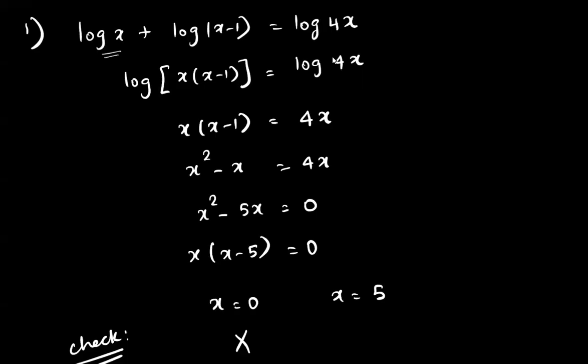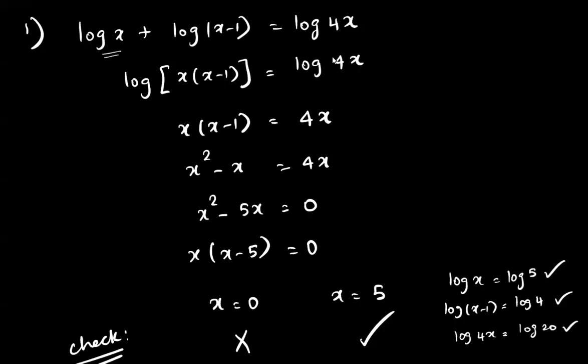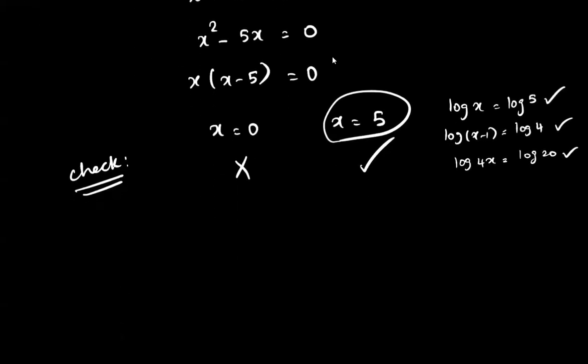So it's done. Whereas x equals 5 is a possible solution because log x will just become log 5, which is okay, and log x minus 1 will become log 4, and that is also okay, right? And log 4x will become log 20, which is also okay. So x equals 5 is the only solution to this equation.